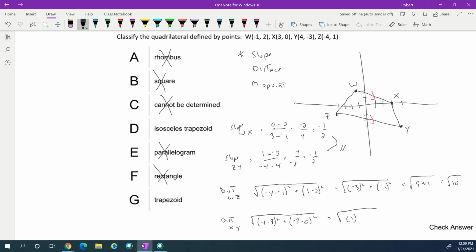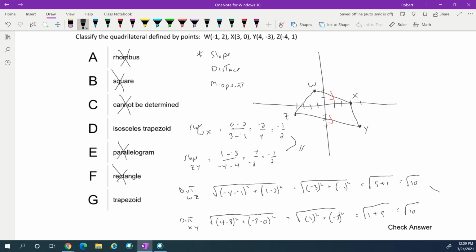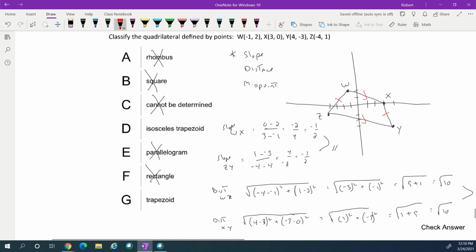Well, that's 1 squared plus -3 squared. 1 plus 9, square root of 10. So these two are congruent. So I'm going to add that to the picture. I have one pair of opposite sides that are parallel, the bases, and I have the legs are congruent. The answer here is isosceles trapezoid.